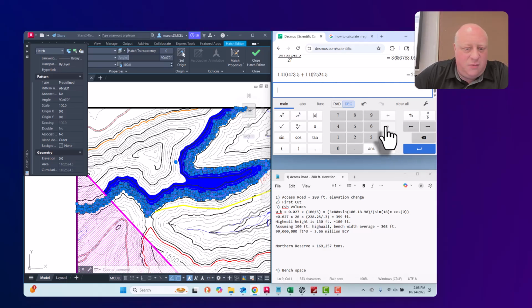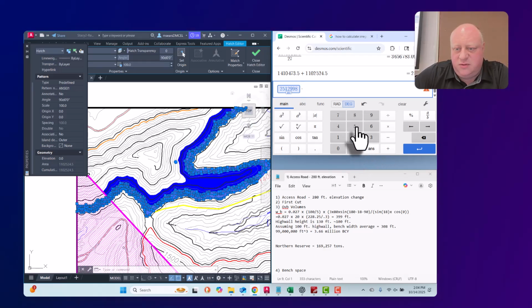And then we would do the same thing that we did in AutoCAD, just without the function within the program. We're just going to multiply that by the average height, which is 50 feet. And that gives us 125 and a half million cubic feet, right?